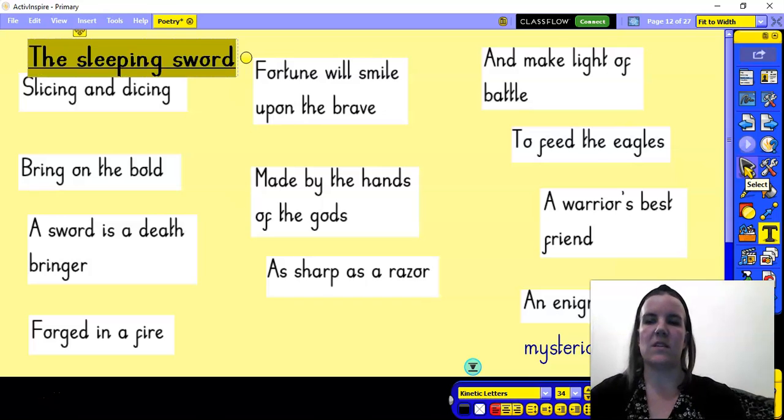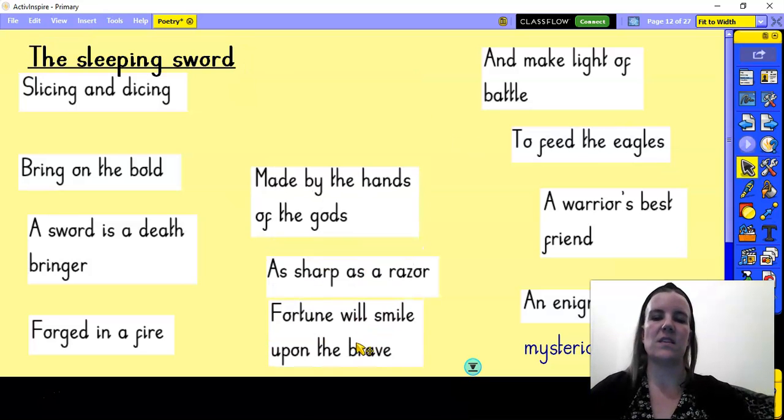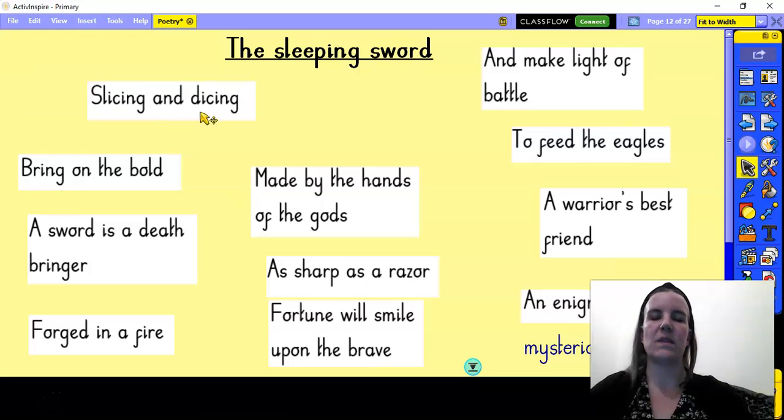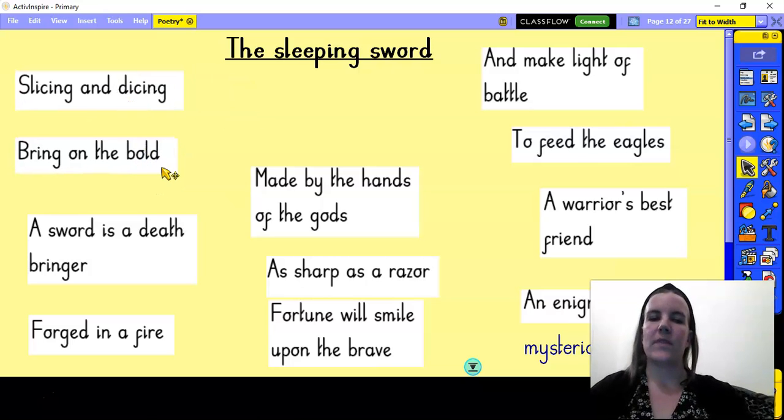So to show that's my title, I'm going to underline it there. And as I say, I'm going to move that to the top of my page. So these I can move around, as you can see, like jigsaw pieces. So now that I've thought about the different features, that's going to help me decide what order I go in. So The Sleeping Sword.